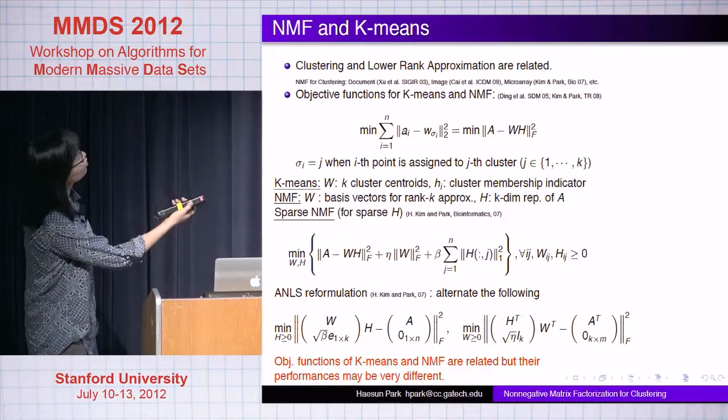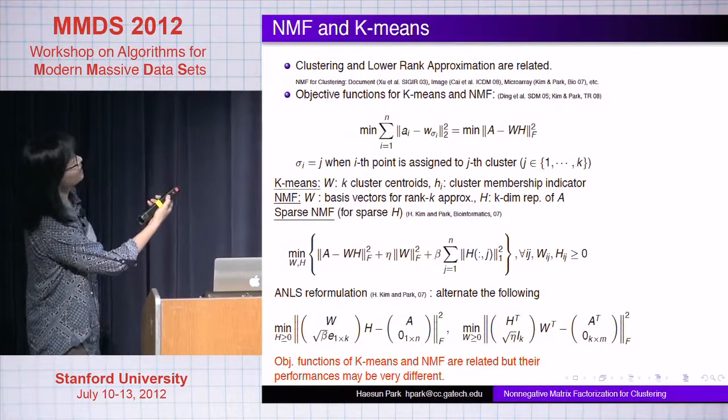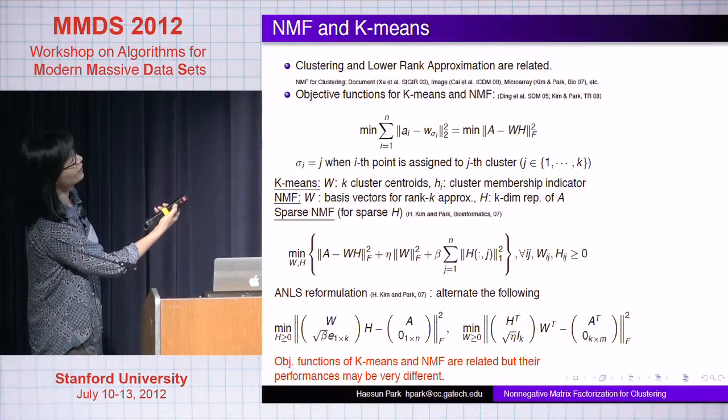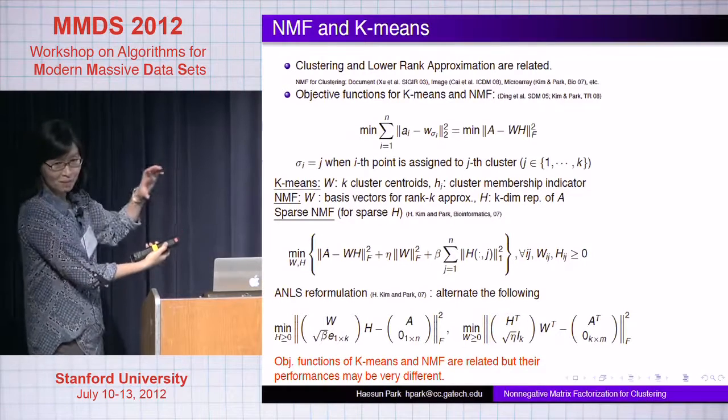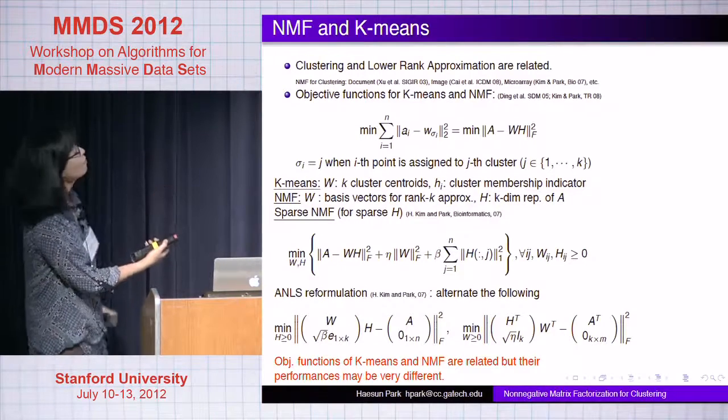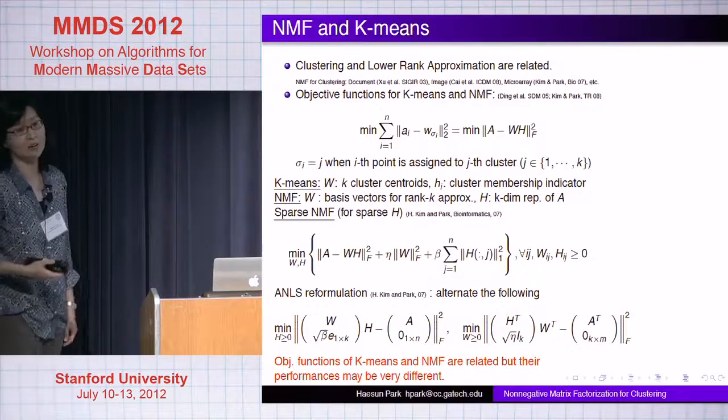To achieve that, we designed a sparse NMF, where we impose sparsity on the second factor so that it behaves more like a cluster membership indicator matrix.